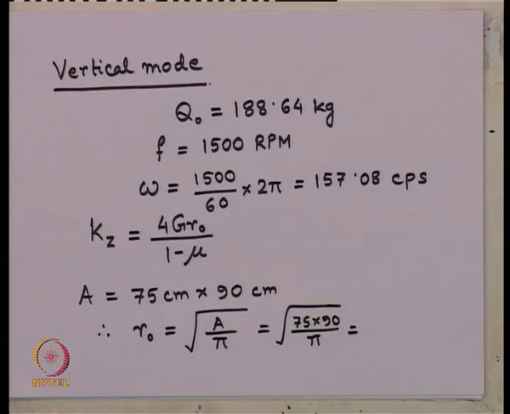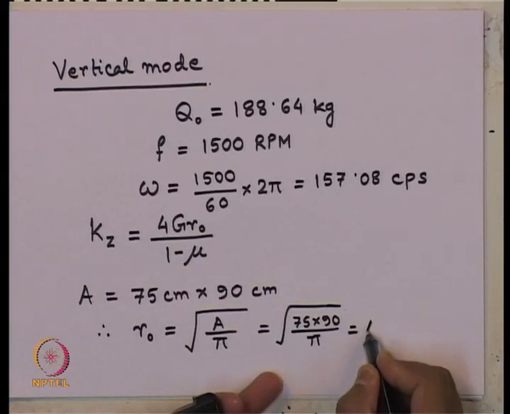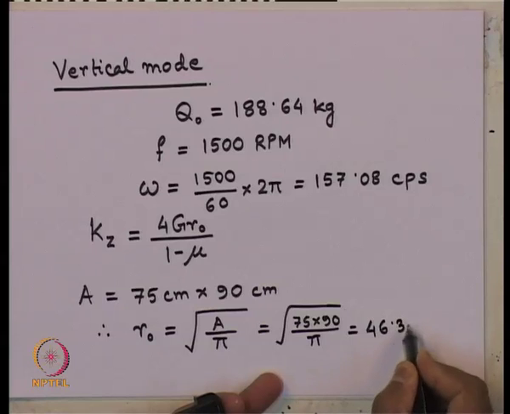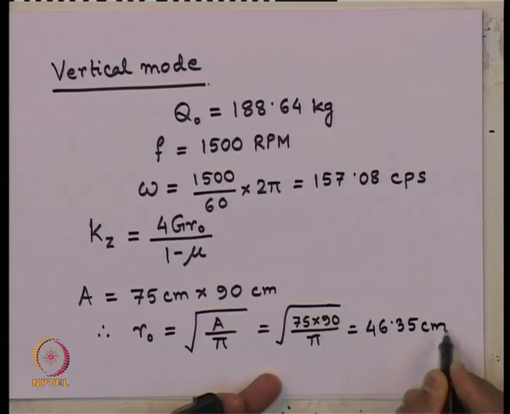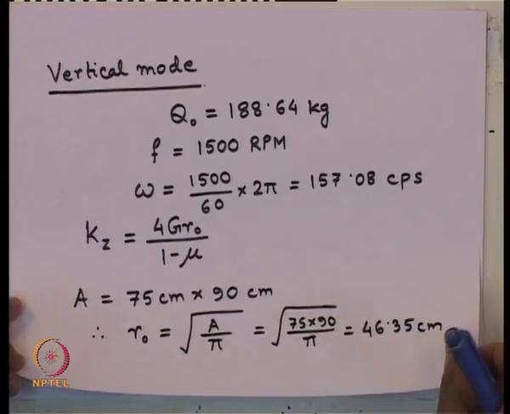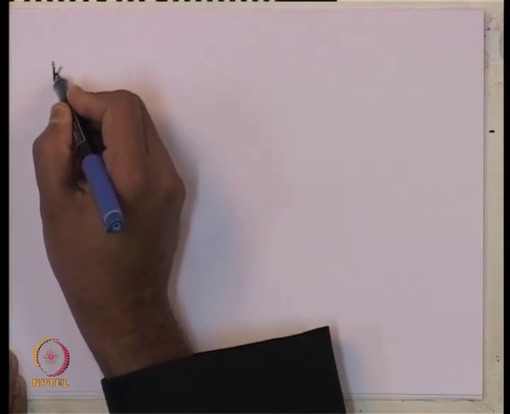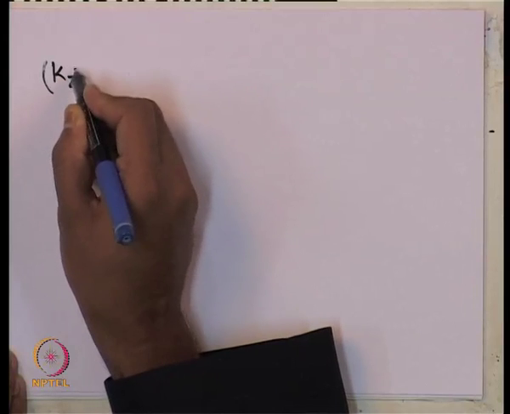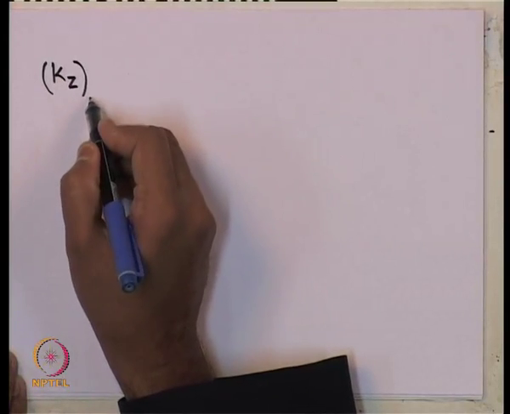So, how much does it give us? It is coming about 46.35 centimeter. Hence, we will get Kz for 3 different types of soil.